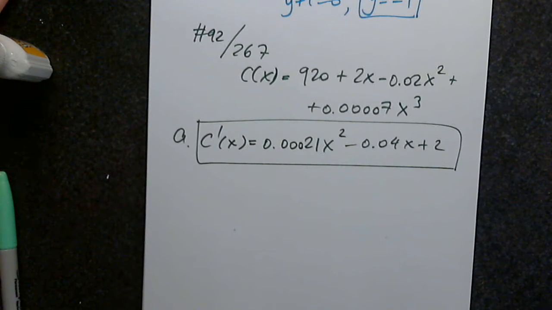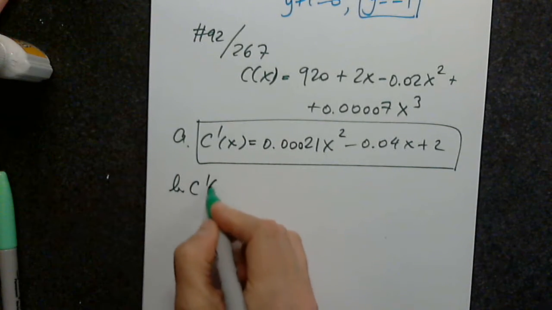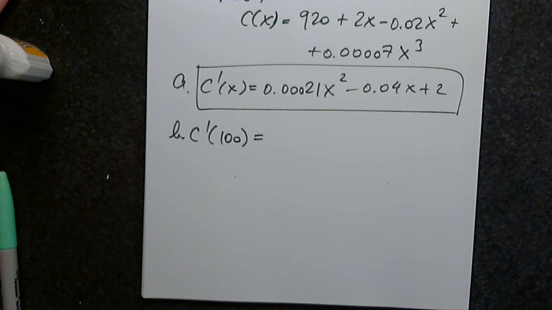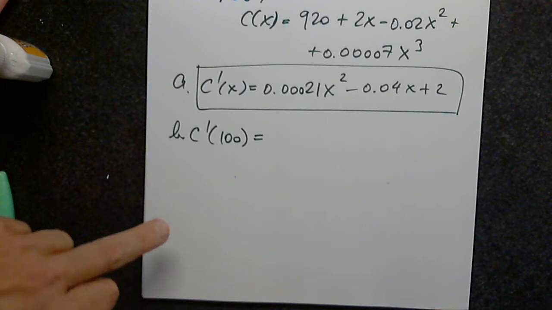In part B, they want us to find C prime of 100. What does C prime of 100 mean? Yes, the rate of change of the cost, dollars per unit when they manufacture 100. What does it predict? It predicts the cost of item number 101. Very good.